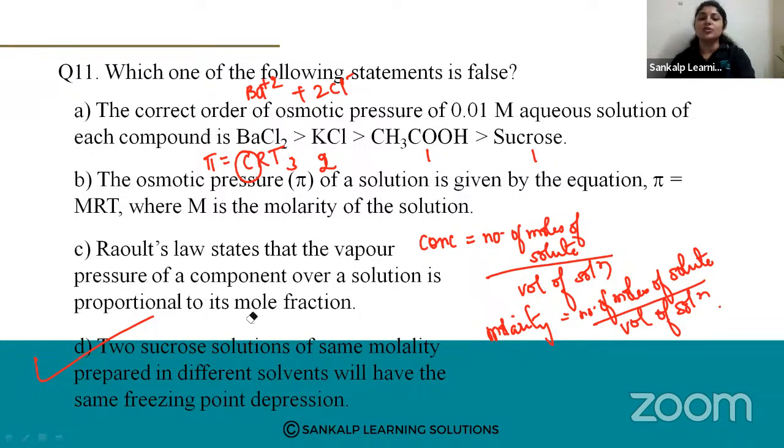Now, two sucrose solutions of same molality prepared in different solvents will have the same freezing point depression. Remember, different solvents will have different values of Kf.